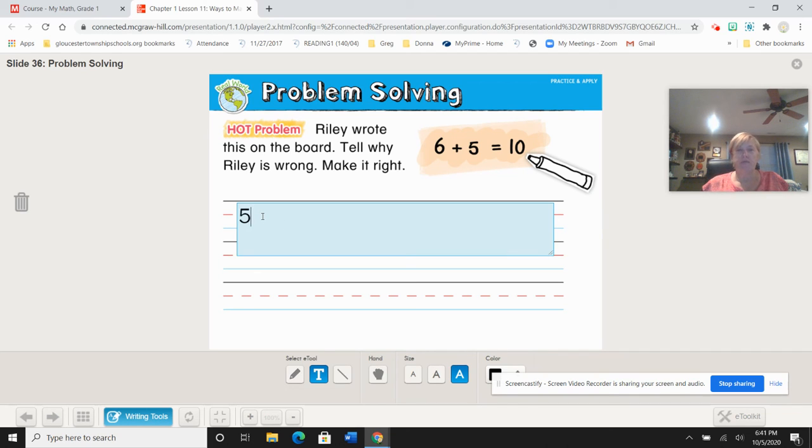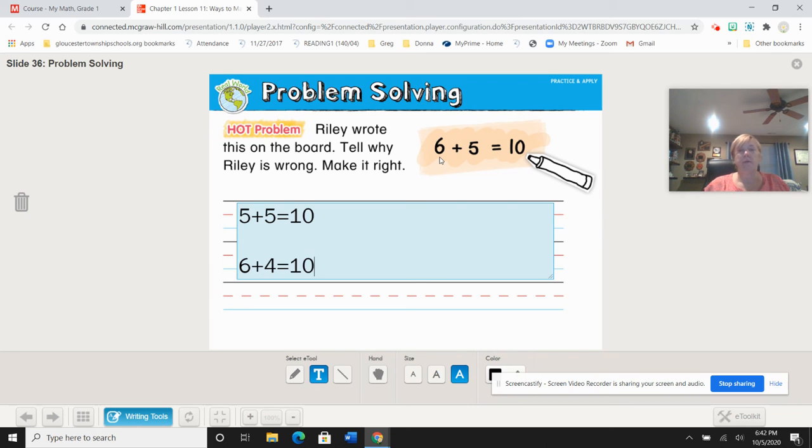Okay, that's right. You could put 5 plus 5 equals 10. That's true. Is there another way that you could show it? If we kept the 6, all right, if we kept the 6, how many more do you need to add to make it 10? 4.